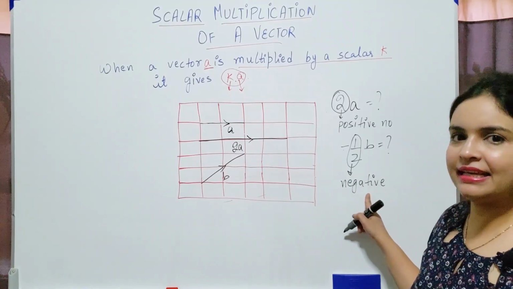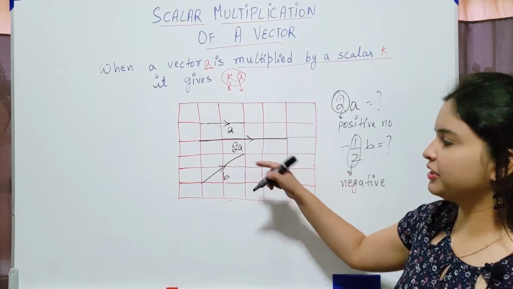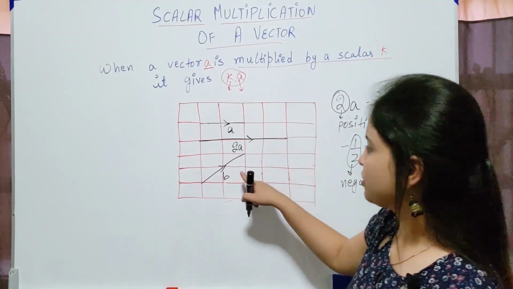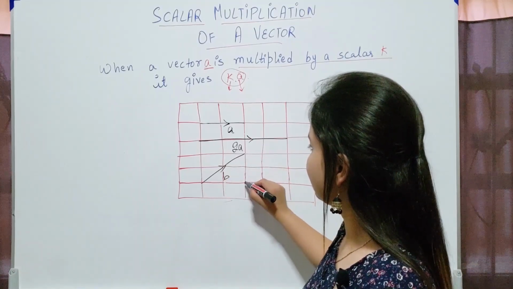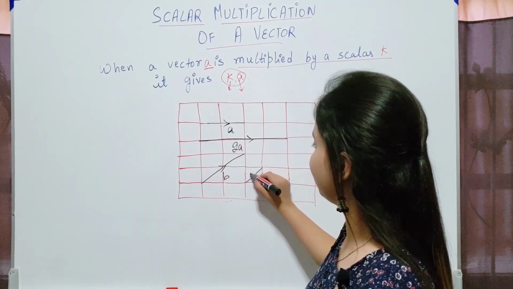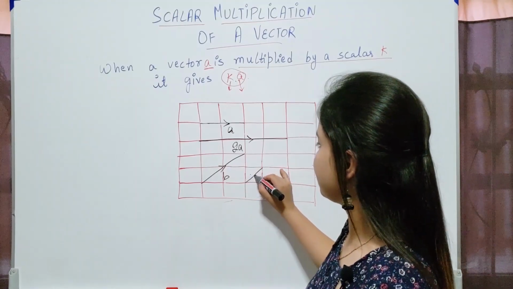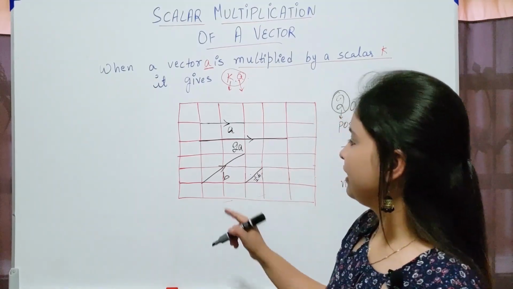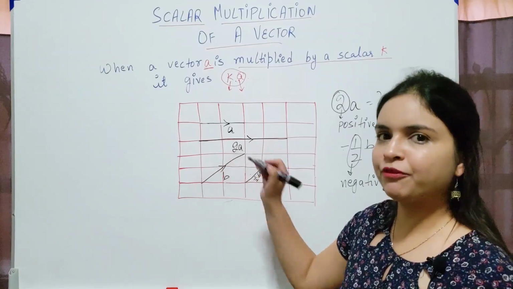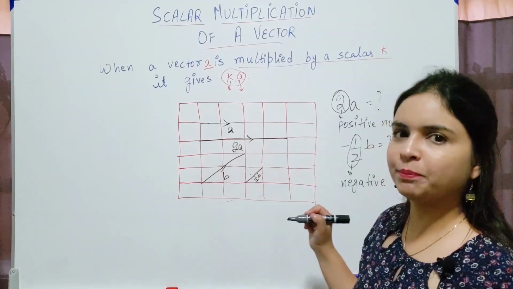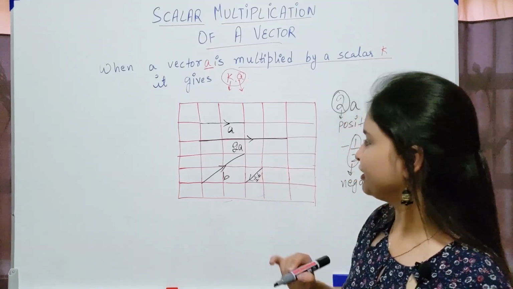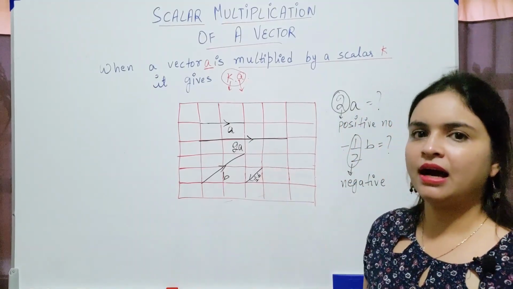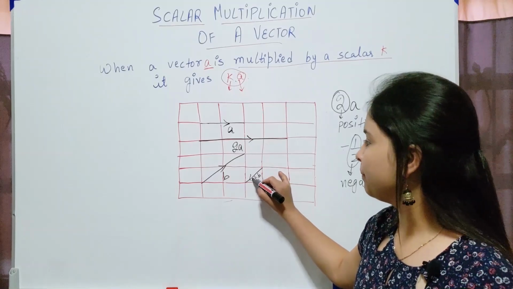So, when my k is negative, I have to change the direction. So, first find half of B. This is my B. So, half of B will be only this. This is half of B. Now, B is going in the upward direction. So, minus half of B will be in the opposite direction. So, this is my minus half of B.